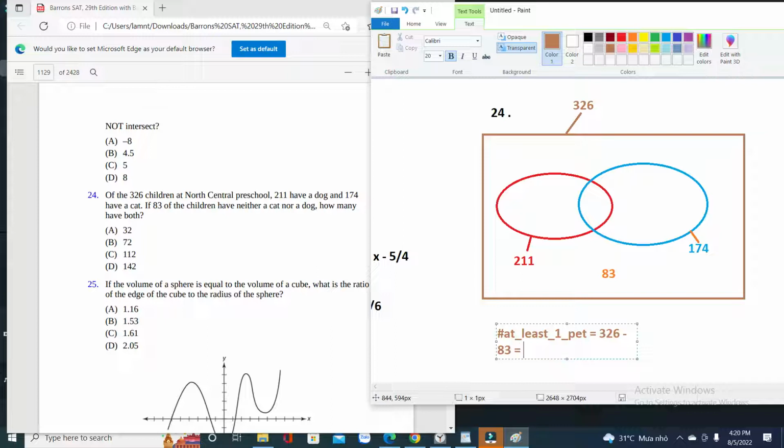So that's 24, and that's 243 students who have at least one pet.